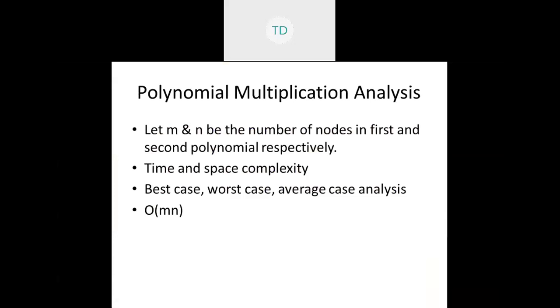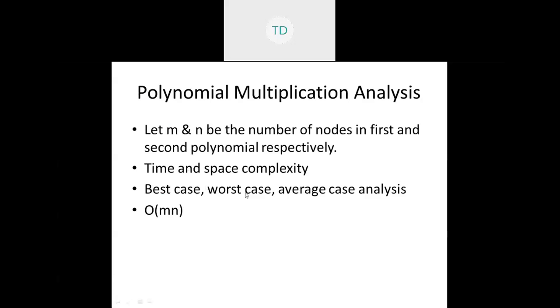The analysis of this polynomial multiplication: suppose m and n are the number of nodes in the first and second polynomial respectively. What we are doing in the polynomial multiplication, first node of first polynomial is multiplied to all the nodes of second polynomial. Similarly, second node of first polynomial is multiplied to all the nodes of second polynomial and so on. The space complexity will be order of m plus n.